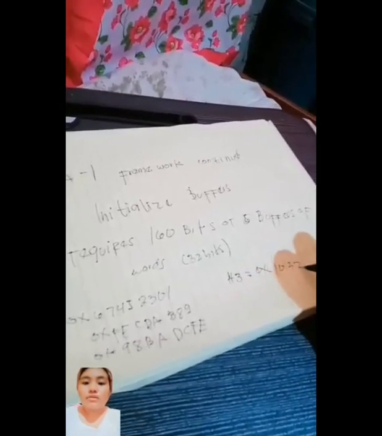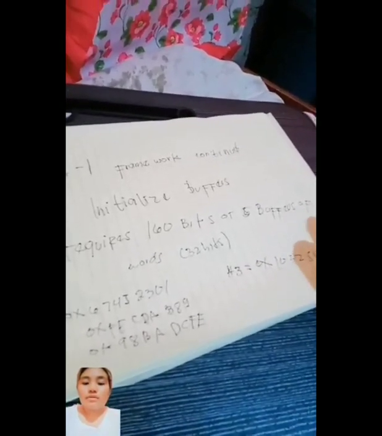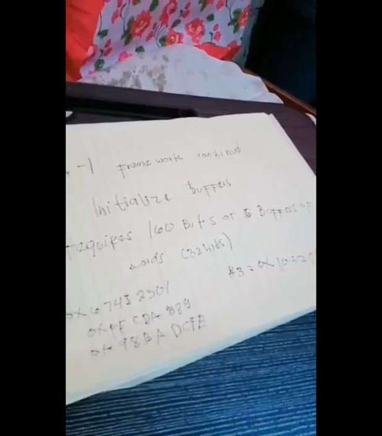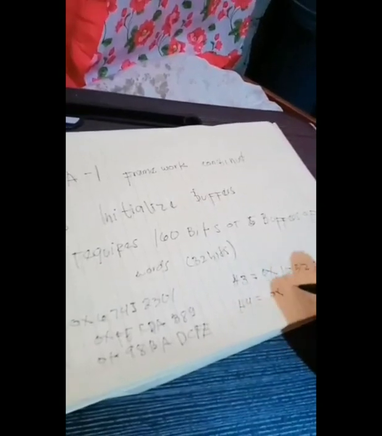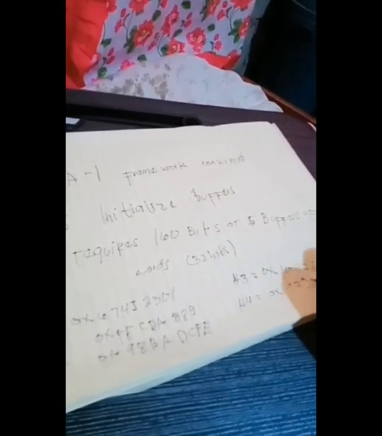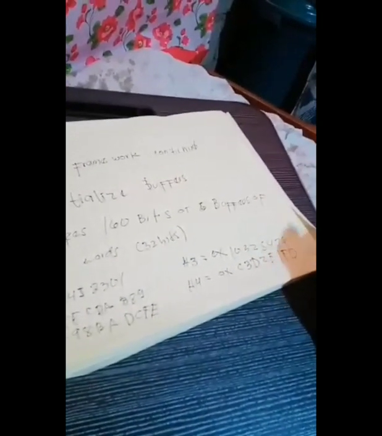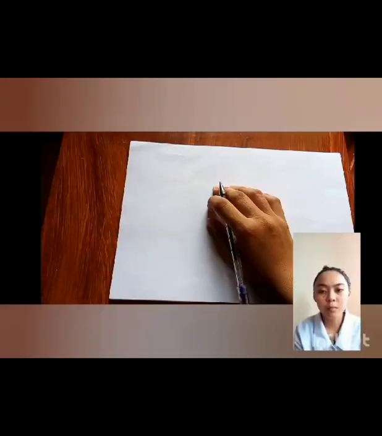H2 equals 0x98BADCFE. Then H3 equals 0x10325476. And the last, H4, equals 0xC3D2E1F0.